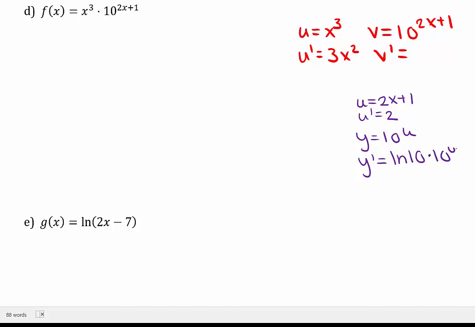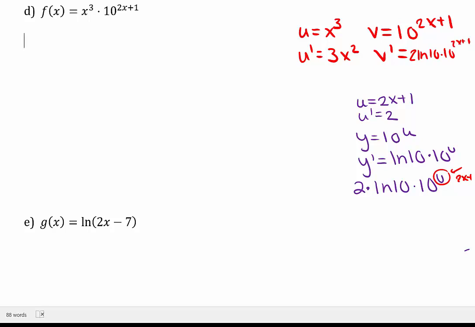The chain rule says we multiply these derivatives together, so that means my v prime is going to be 2 times natural log of 10 times 10 to the u. Or if I replace that u with the 2x plus 1, then my v prime is going to be 2 natural log of 10 times 10 to the 2x plus 1.